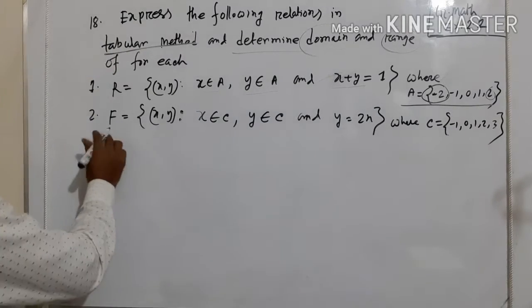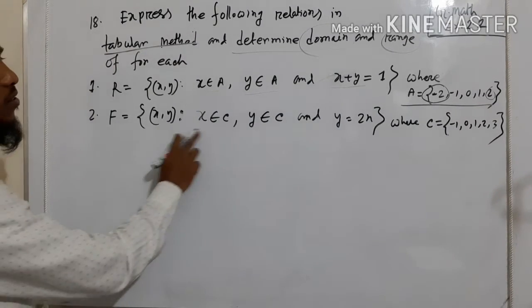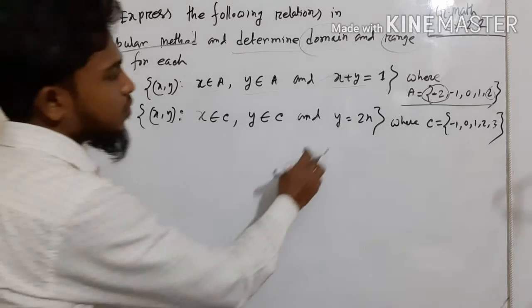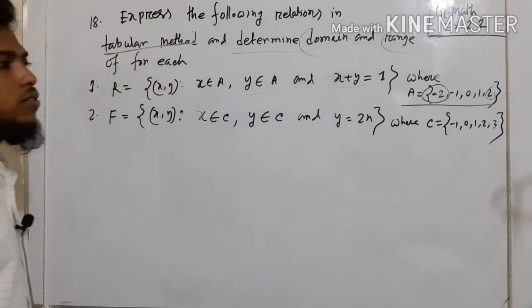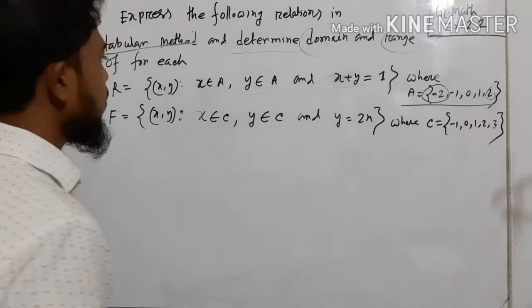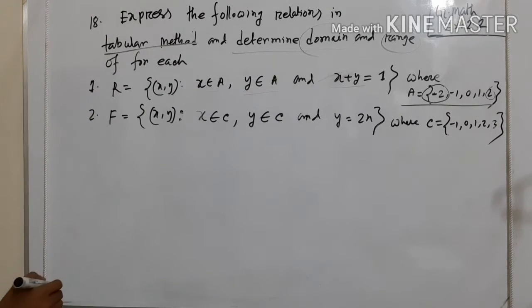Our second problem, f equal to {(x, y) such that x is in C, y is in C}, and our condition y equal to 2x, where C equal to {-1, 0, 1, 2, 3}. According to the previous process, I will solve this problem.